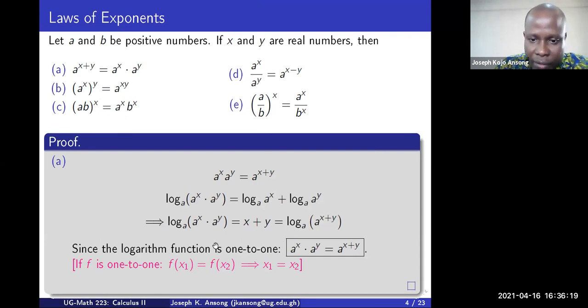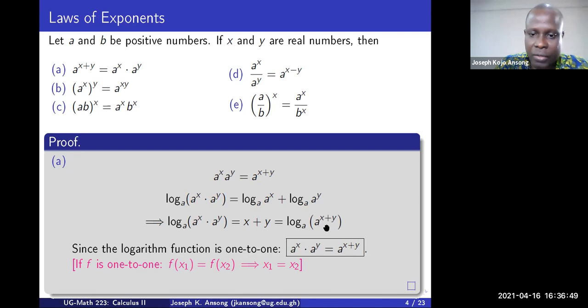Remember the definition of a 1-to-1 function, we said a function is 1-to-1 if f of x1 is equal to f of x2, then x1 has to be equal to x2.